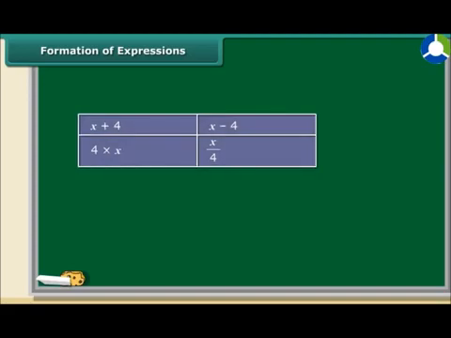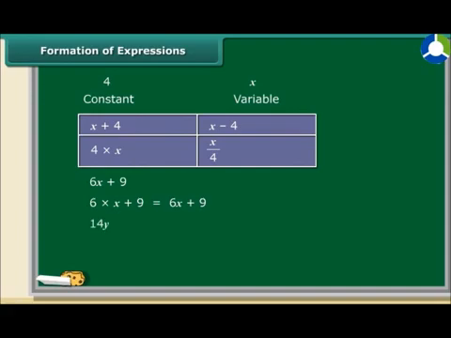Algebraic expressions are formed by combining variables and constants with the help of addition, subtraction, multiplication, and division. Let us see how the algebraic expression 6x plus 9 is formed. First multiply variable x with constant 6, then add a constant 9 to the product.